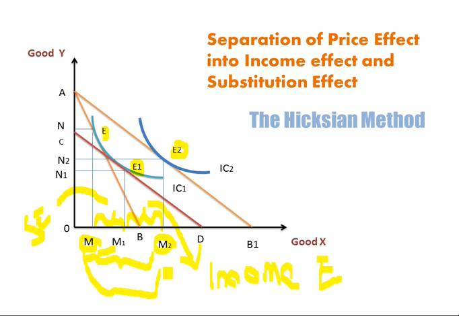But one thing you have to notice here is that the consumer is on the old indifference curve when the compensating variation is applied. Now you are in a position to identify how J.R. Hicks split the price effect into income effect and substitution effect.